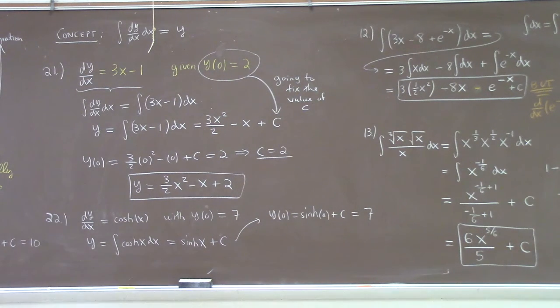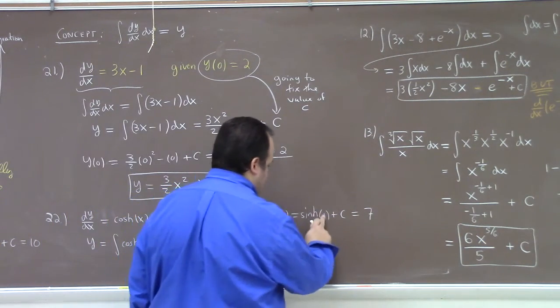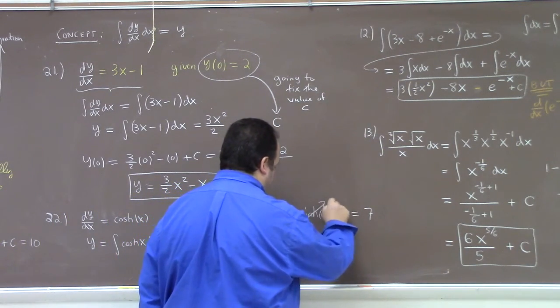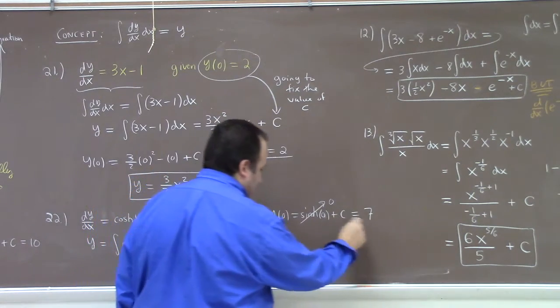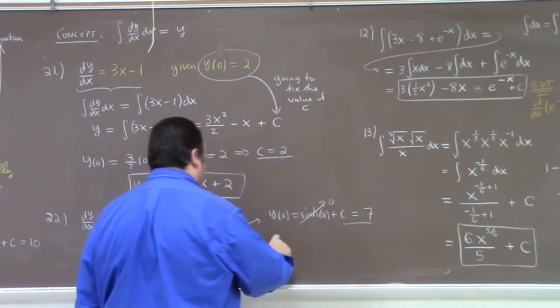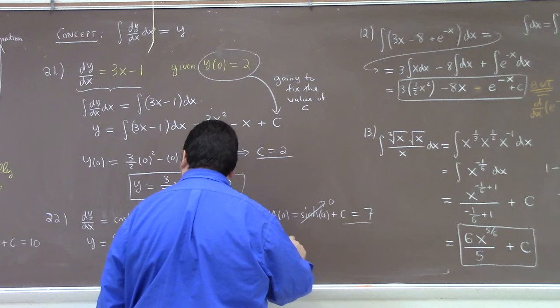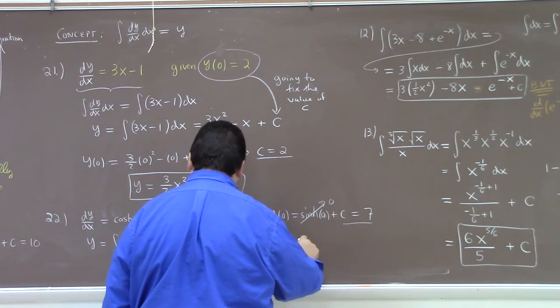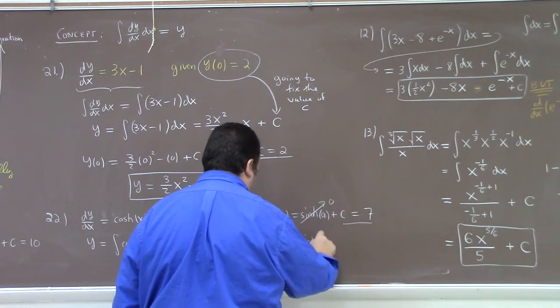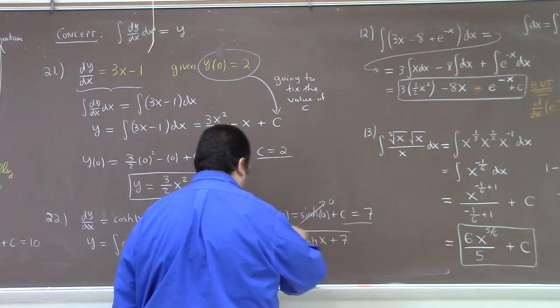So if you plug in 0 into that, you get 0. So sinh of 0 is 0, much like sine of 0 is 0. And so we get c equals 7. So I think maybe the next example I'll finally escape this pattern here. But anyway, this one is y equals sinh of x plus 7. There you go.